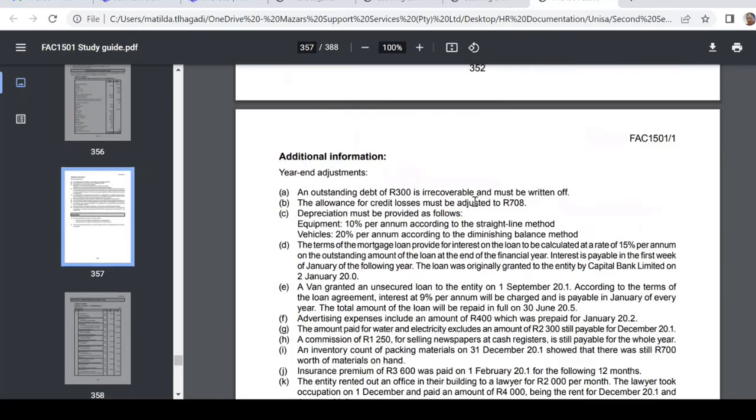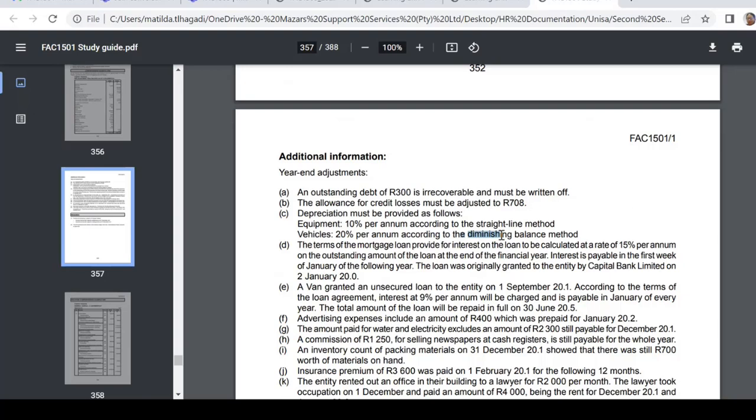Number C, depreciation must be provided as follows. Equipment 10% per annum, straight line, and vehicles 20% according to the diminishing balance method.